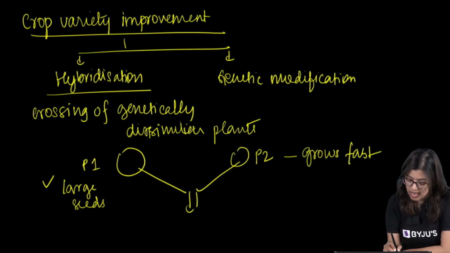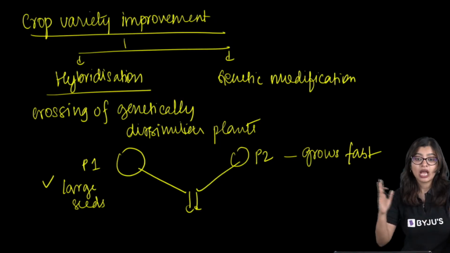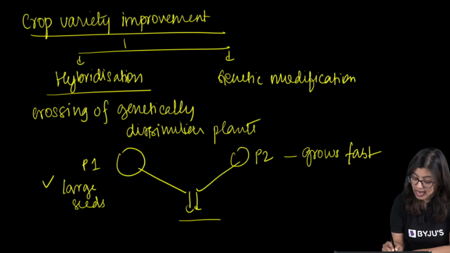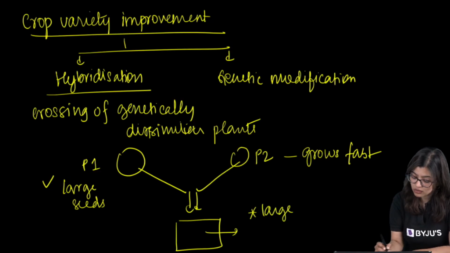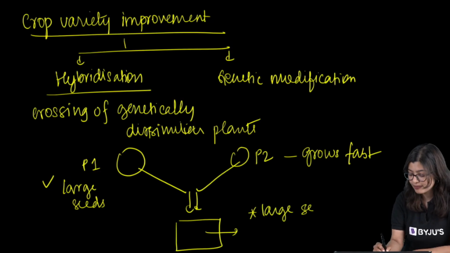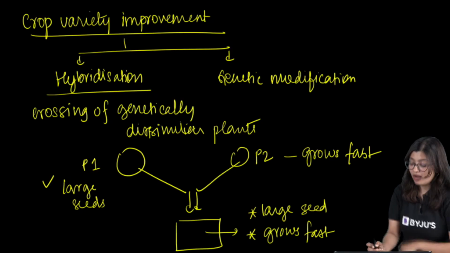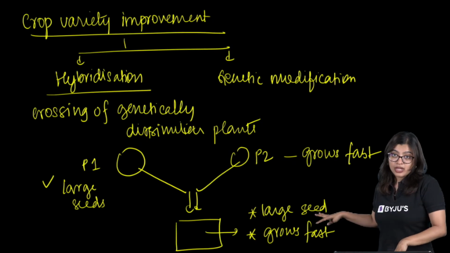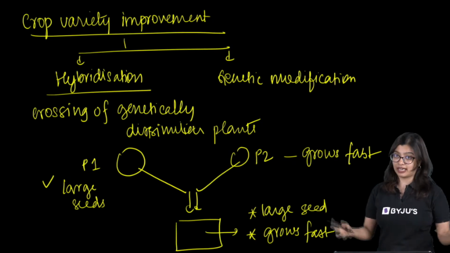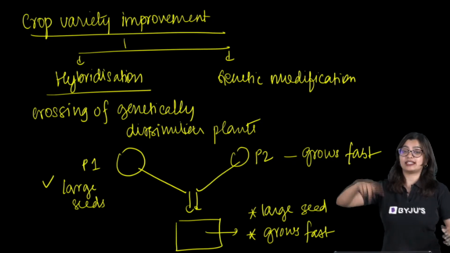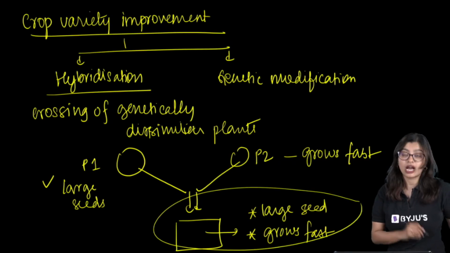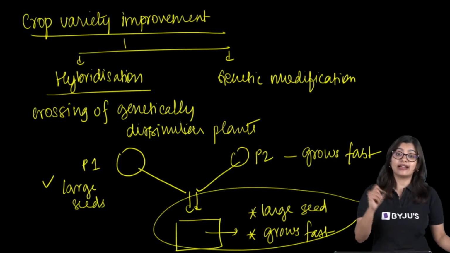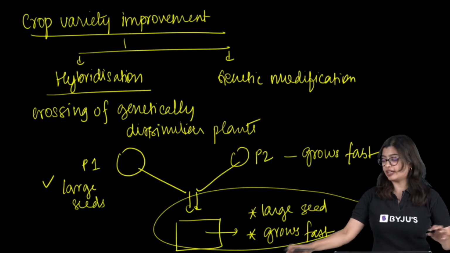I will take these two plants and cross them in such a way that I end up getting a plant that not only has large seeds, which is what I wanted, but also grows fast. It is not that at one take I will get the correct plant. I need to do this process multiple times so that in the end I will get what I want. So that is what we mean by hybridization.